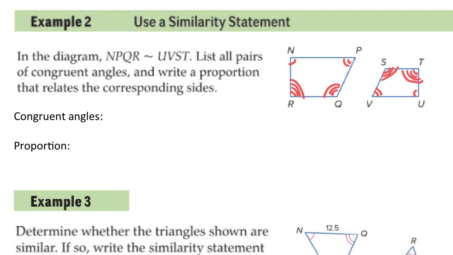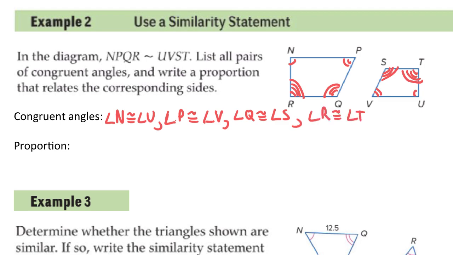If you try to go in alphabetical order, you'll mess up. All right, so let's write out all the corresponding angles. Angle N is congruent to angle U. They both have a single tick. Angle P is congruent to angle V. That's a double tick. Angle Q and angle S, because they have triple tick. And angle R and T have quadruple ticks. Follow the angles. That's the key here.